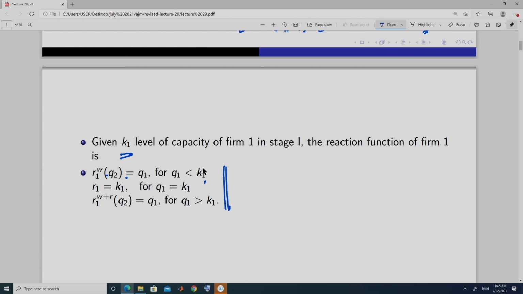When it is producing less than or equal to its capacity, the marginal cost is only W, and when Q1 is greater than K1, the marginal cost is this, because it now has to expand its capacity. We have done this in detail in the last class.